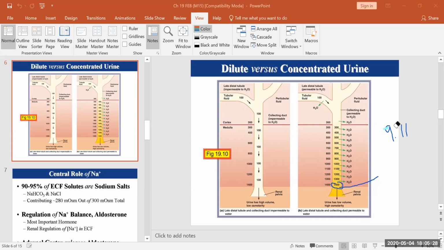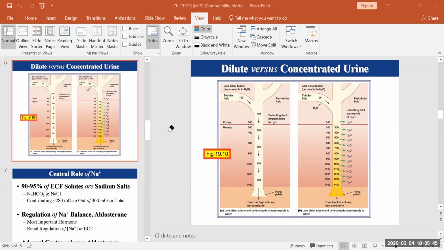So that would complete the countercurrent mechanism using the countercurrent multiplier and then countercurrent exchanger to establish and maintain that osmotic gradient throughout the renal medulla.